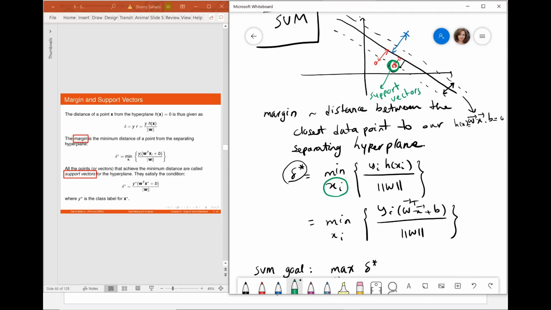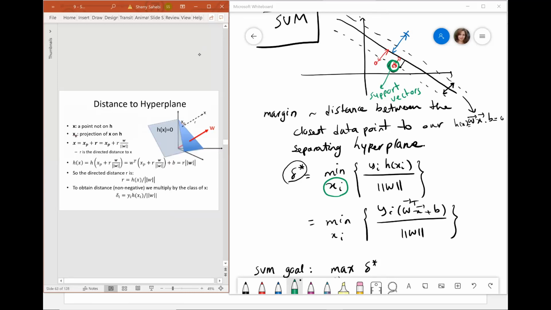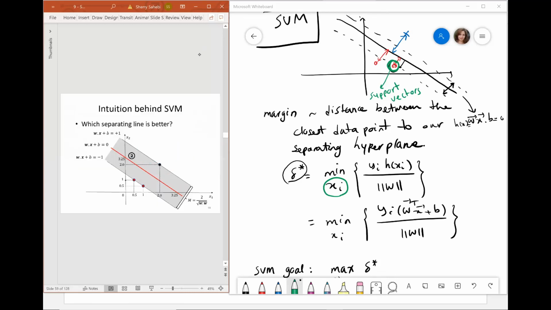Why? Because these are the vectors that are supporting our margins, right? For example, let's look at an example in slide 59 or slide 60 actually.